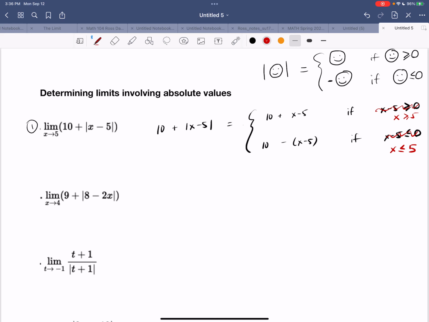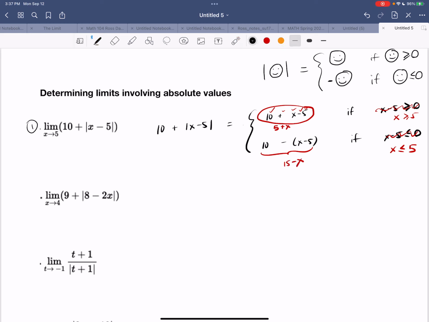And now let's see this first formula here, 10 plus x minus 5. This part right here, I can simplify to just 5 plus x, because the 10 and the minus 5, well, that's just going to be 5, and then I'll have plus x. So I'll have 5 plus x here, and then down here, 10 minus x, and then see how I have minus negative, so that'll turn into a plus, and I'll actually have 15 minus x, okay?